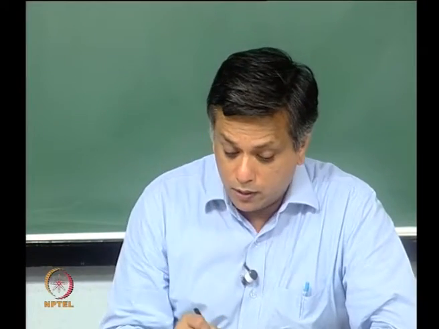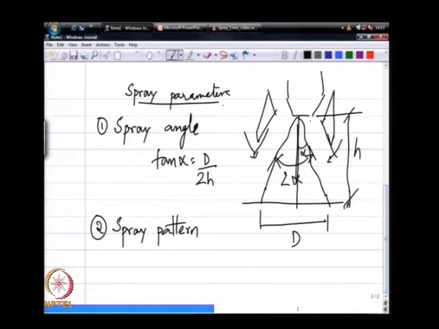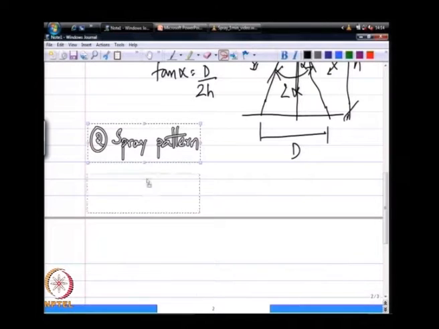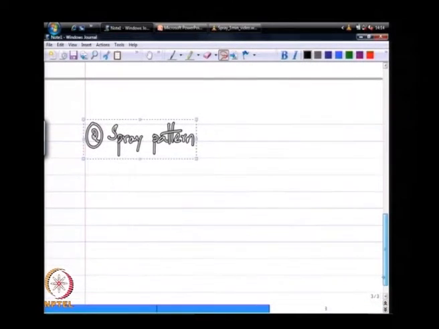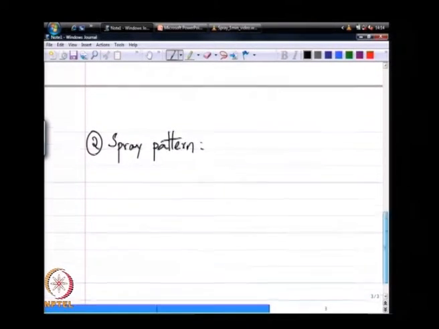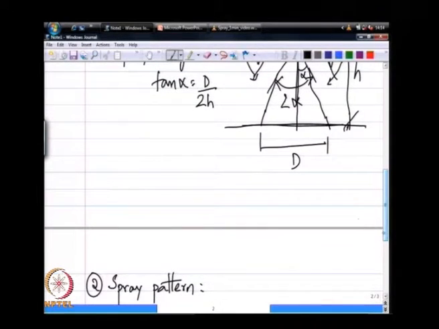Okay. Another parameter that we want to talk about is called spray pattern. So, if I take the same spray nozzle and at this distance I look at what this disc looks like.